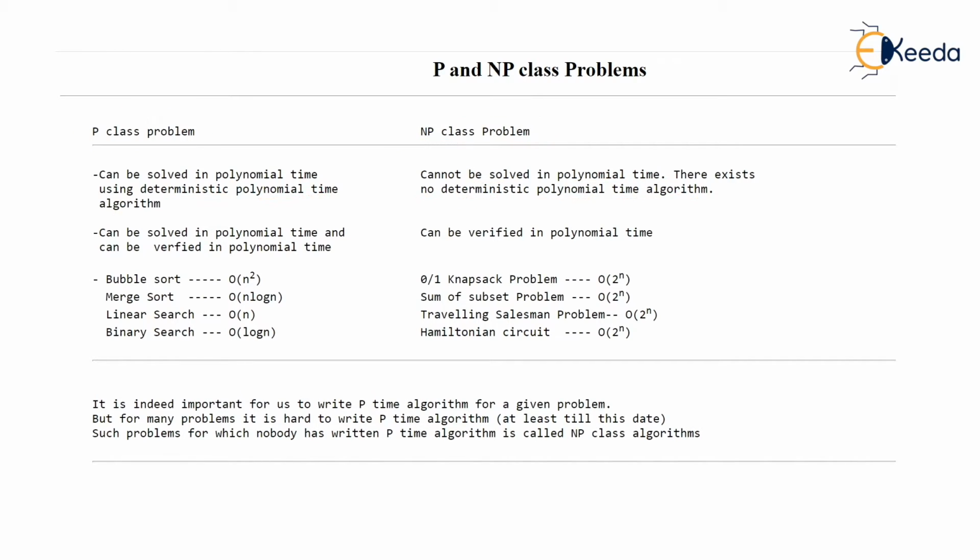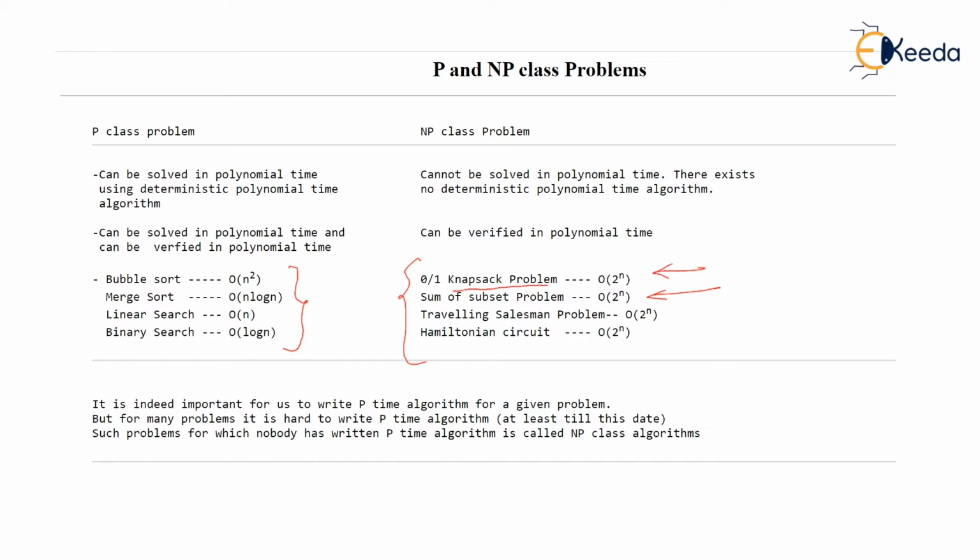As an example here, you can see that we already know so many polynomial time problems, but this is the list of non-polynomial time problems, non-deterministic polynomial time problems. Like the 0/1 knapsack problem has a time complexity of the order of 2^n, where n is the number of objects that you are placing in the knapsack.